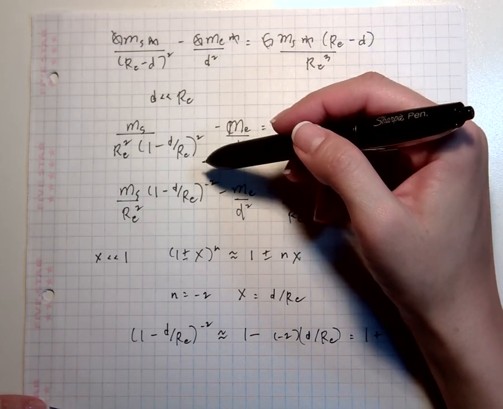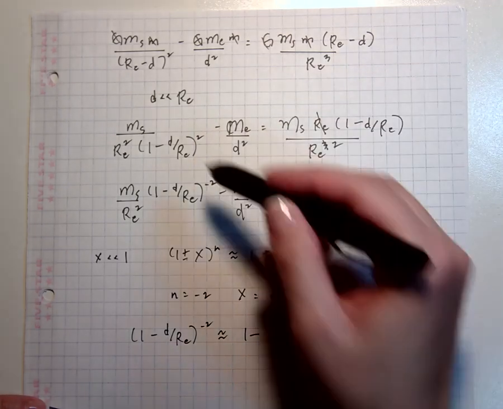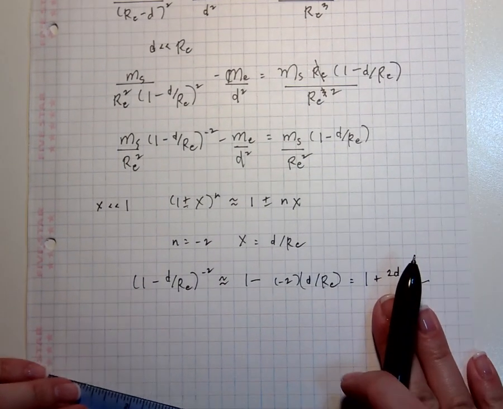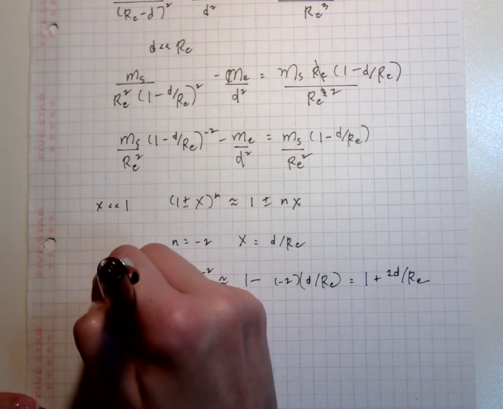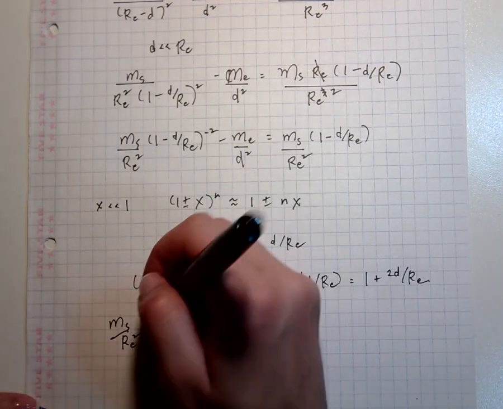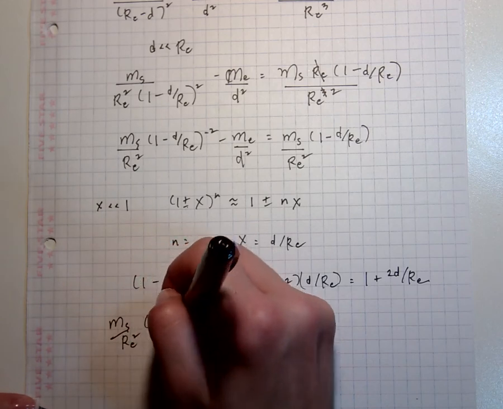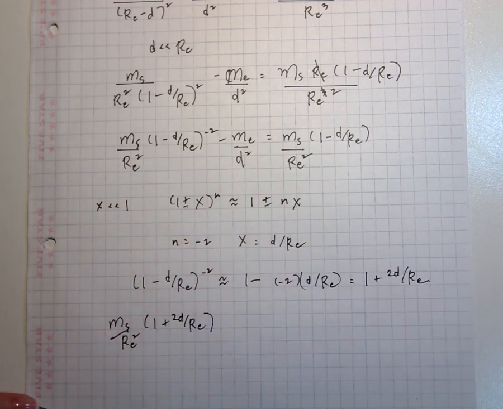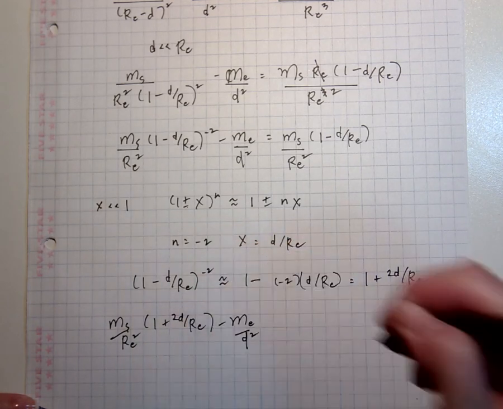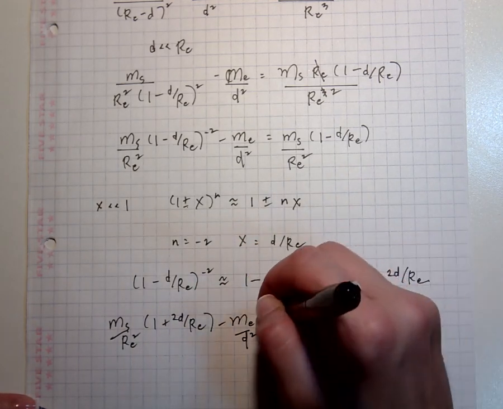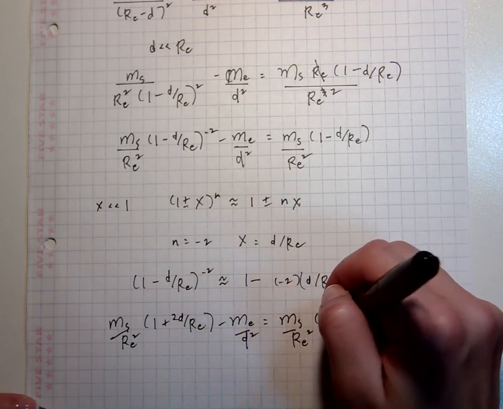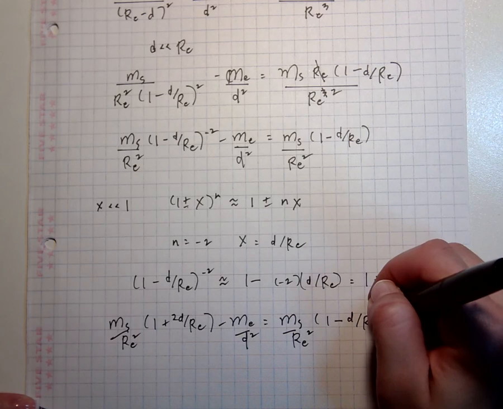And then I'm going to take this and plug it back into the original expression. So what you have is the mass of the sun over orbital radius squared times 1 plus 2d over r sub e minus the mass of the Earth over d squared, and that's equal to the mass of the sun over r sub e squared times 1 minus d over r sub e.